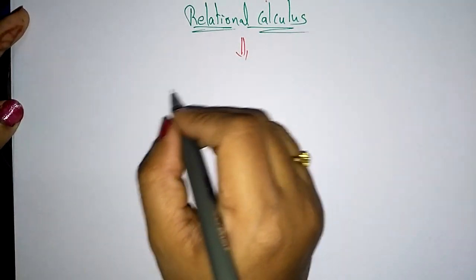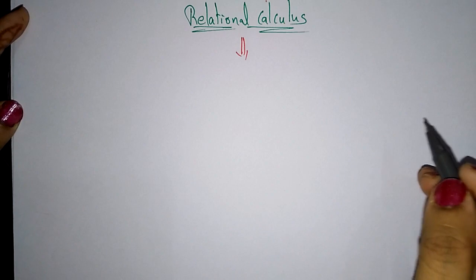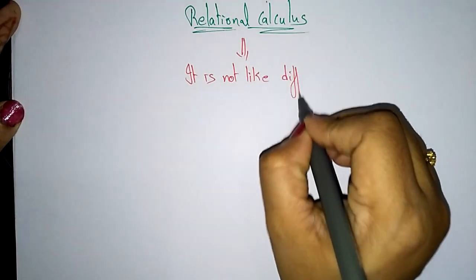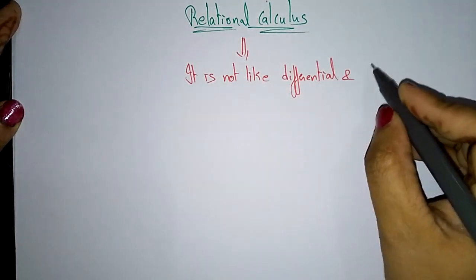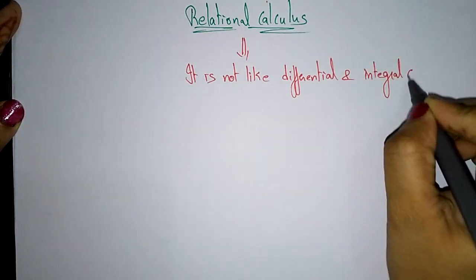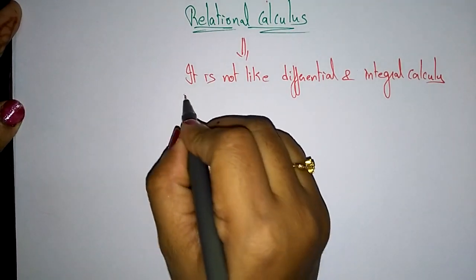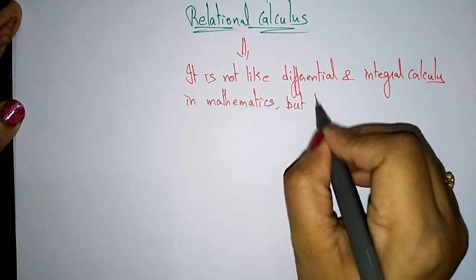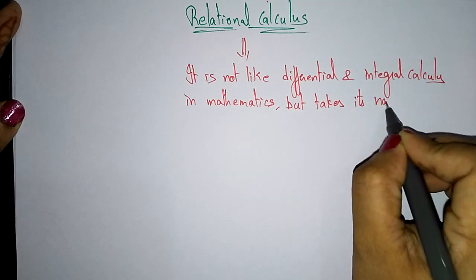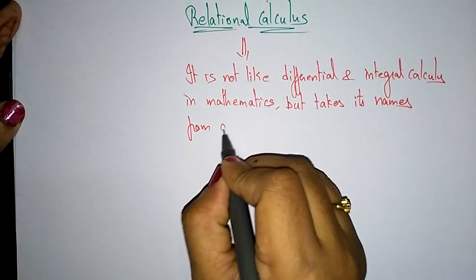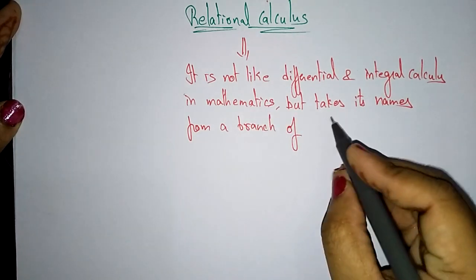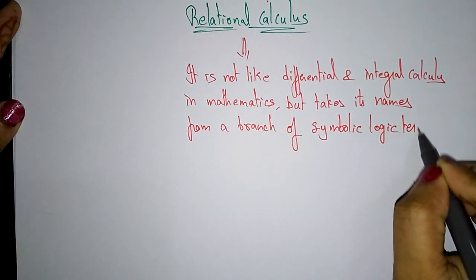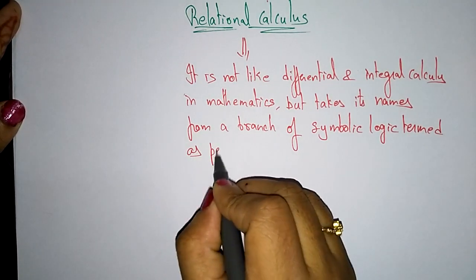Actually, relational calculus is not like differential and integral calculus in mathematics, but it takes its name from a branch of symbolic logic termed predicate calculus.